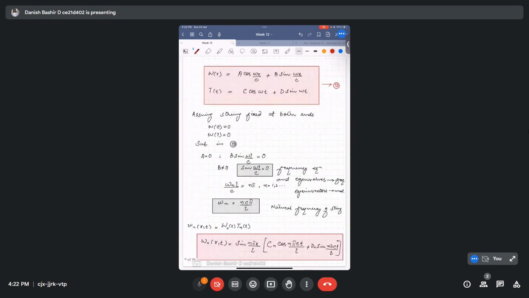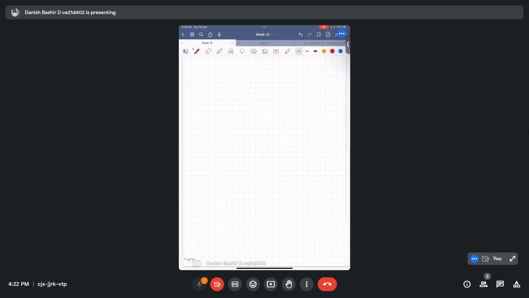Depending upon the value of n, we have different modes.